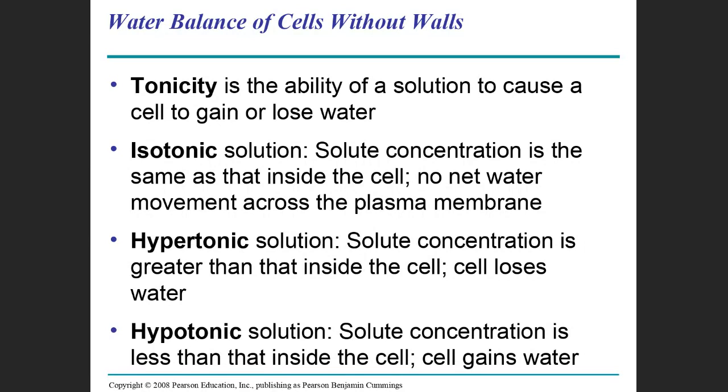A hypotonic solution is one where the solution outside the cell has a much lower concentration of solute relative to the inside of the cell. And so water moves into the high solute concentration, which is on the inside of the cell, and so water moves into the cell, and that can cause the cell to explode, especially if it's an animal cell.